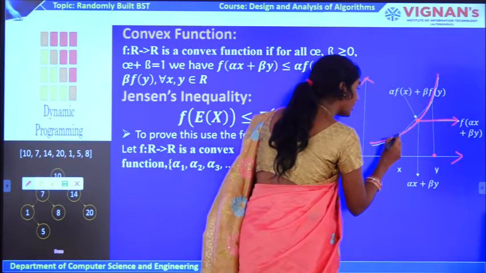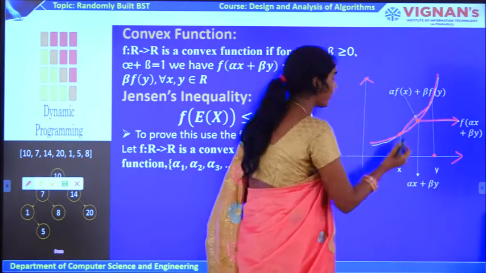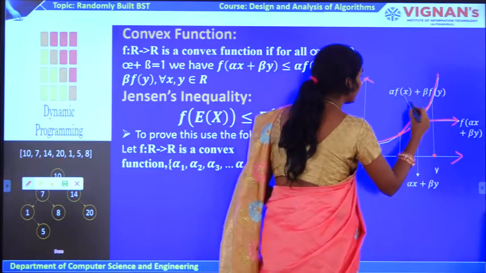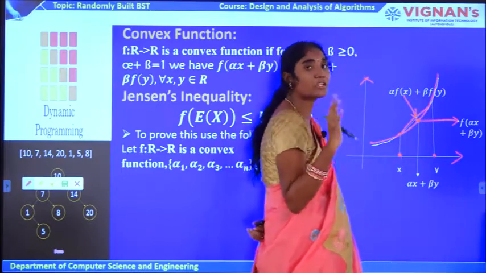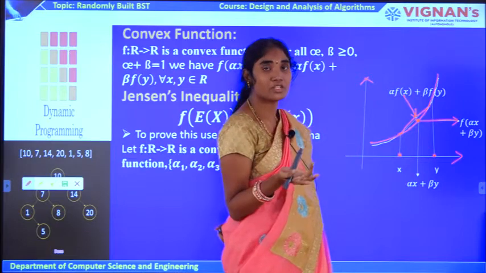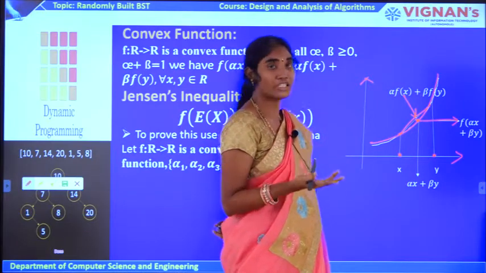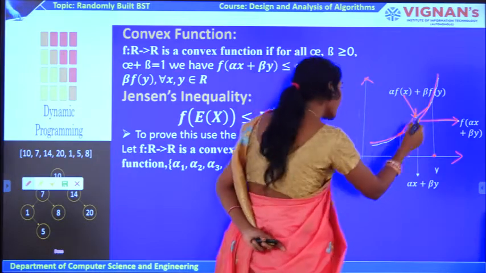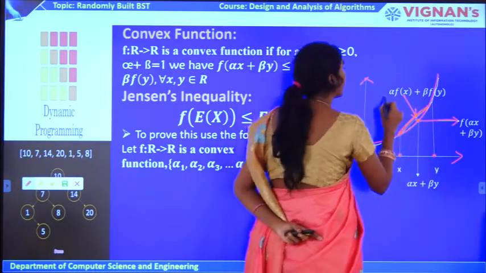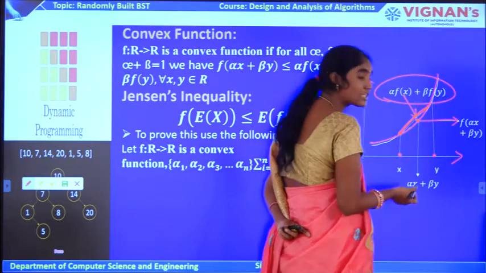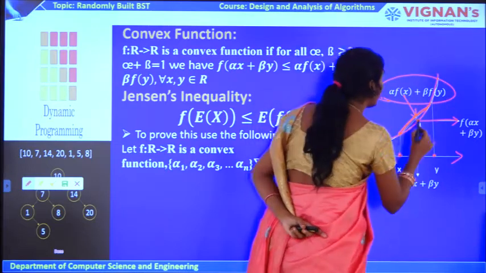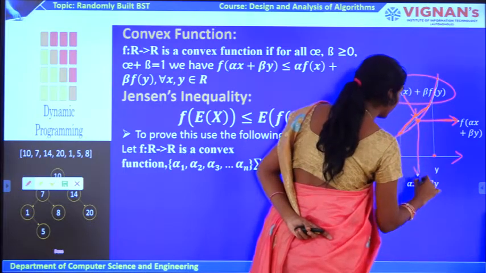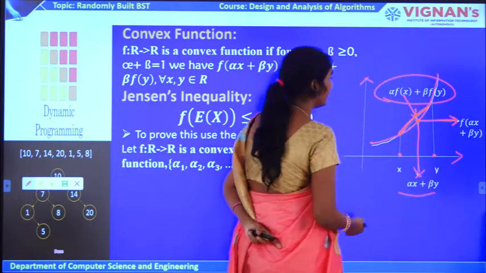If I draw a straight line, generally a straight line is ax plus by equal to 0 if it passes through the origin. Here I have coordinates alpha comma beta. This straight line I represent with alpha into f of x plus beta into f of y, whereas the intersecting point is nothing but alpha x plus beta y.